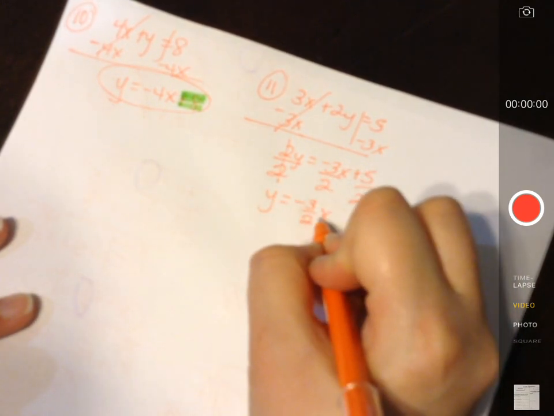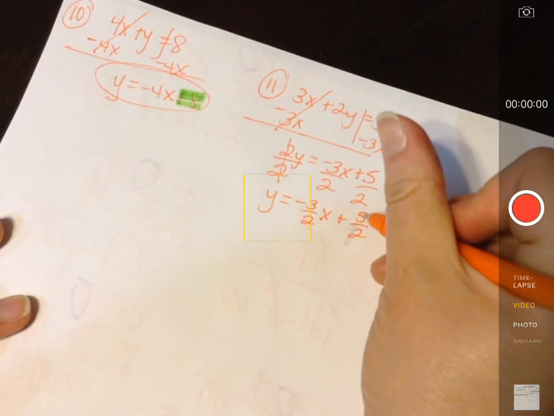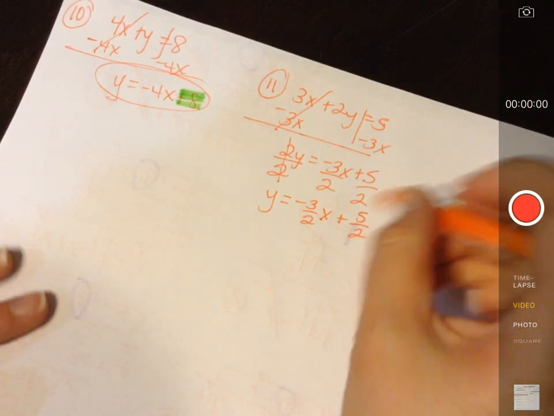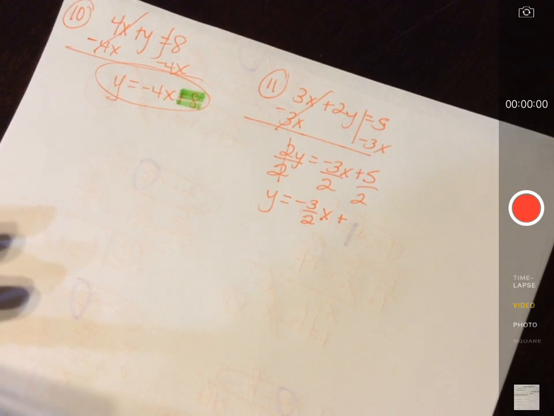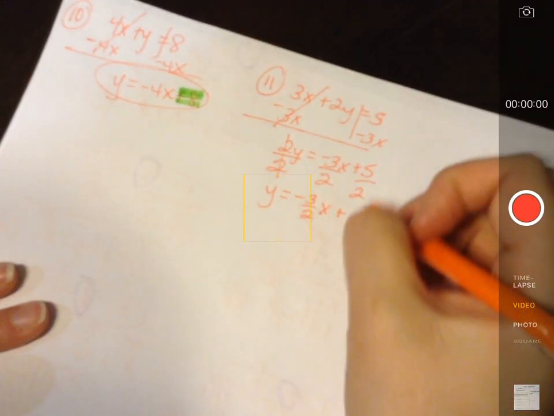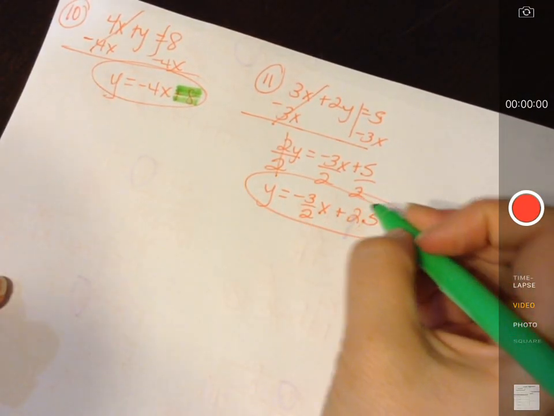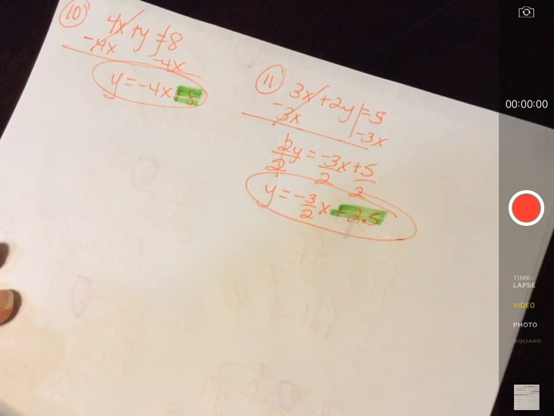Can't simplify it any further. Plus 5/2. Don't want to simplify it. The y-intercept you can simplify actually, so let's go ahead and do that, because remember the y-intercept is the point you plot first on the y-axis, so 5/2 would become 2.5. So that would leave me with a y-intercept of positive 2.5.